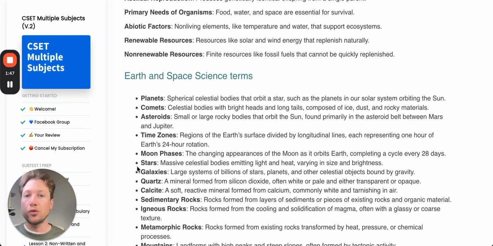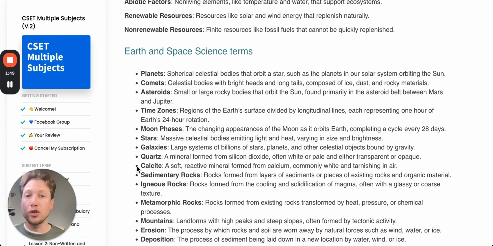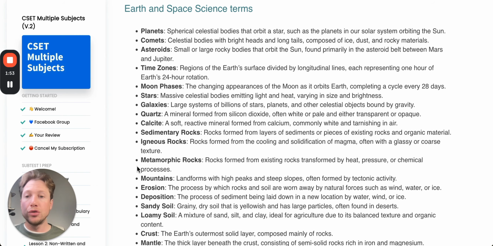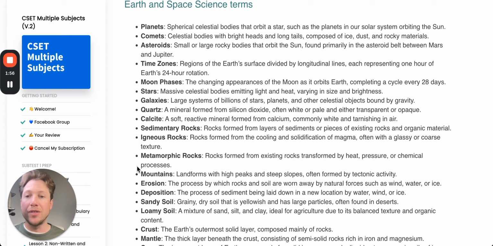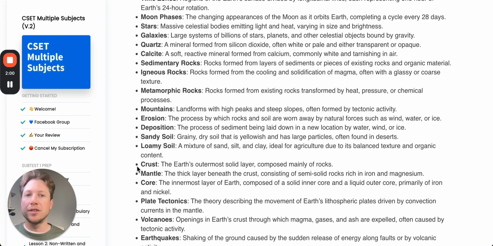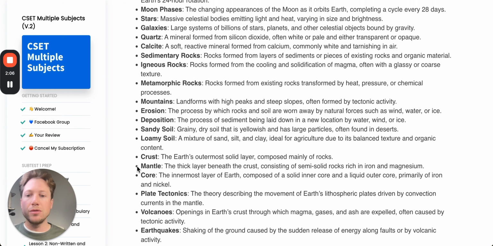Oftentimes, students will try and make flashcards, and those are good too. The only thing is it takes a long time to write each term and then their definition, right? So I was asking myself, what's the best way to actually remember all of the terms that you need for test day?